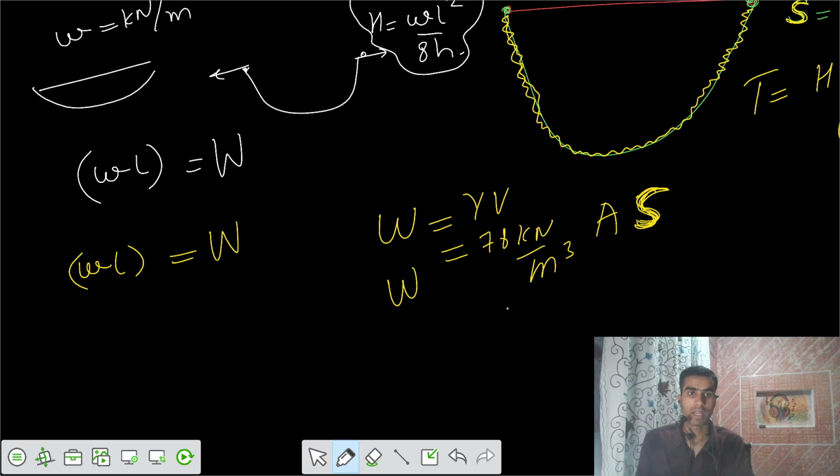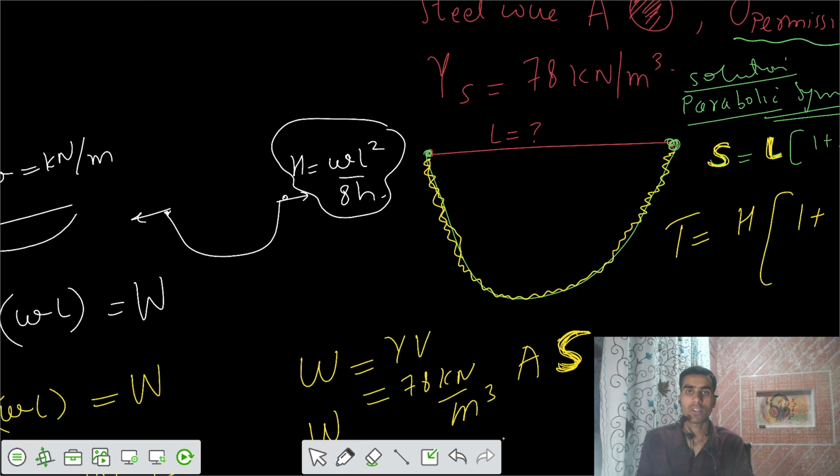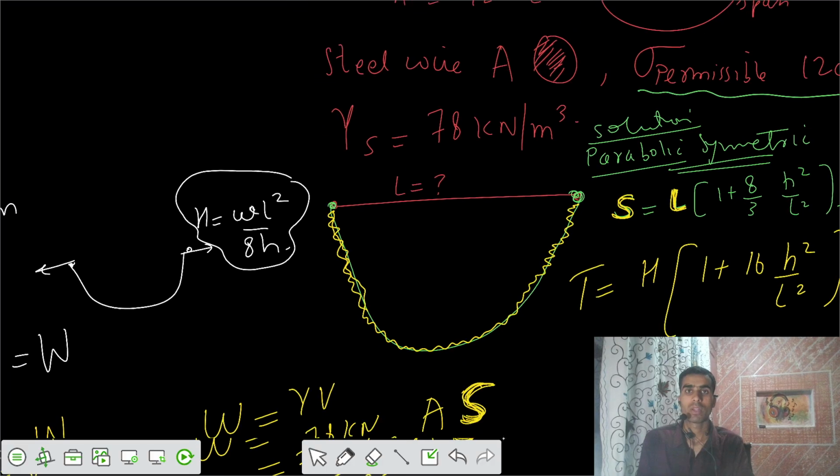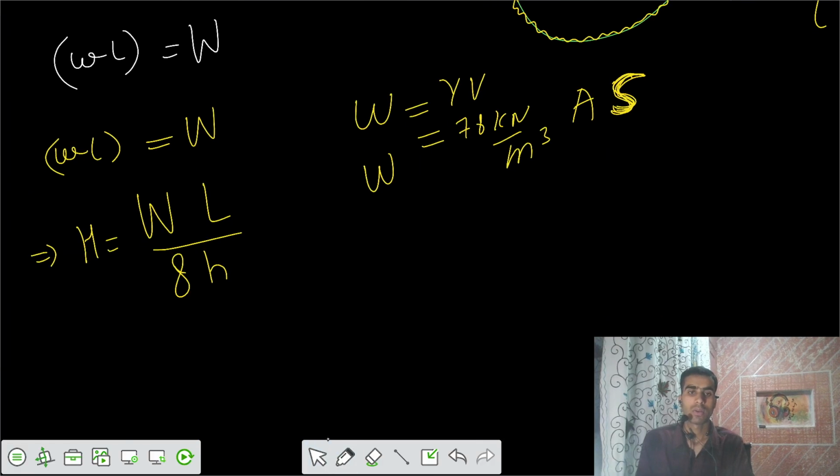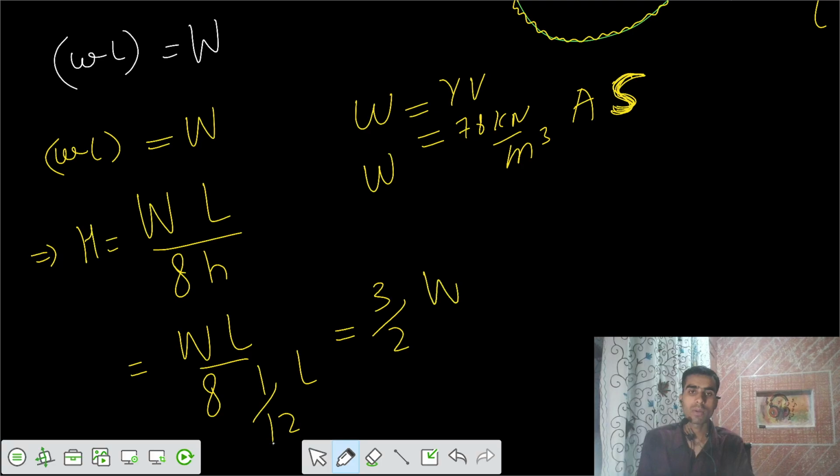So I would write that H equals to W L by 8H. And I have the value of h also, that h is equal to 1/12 of the span. So W L by 8, with h as 1/12 of the span L. Finally I would get 3/2 of W. So H is equal to 1.5 W.